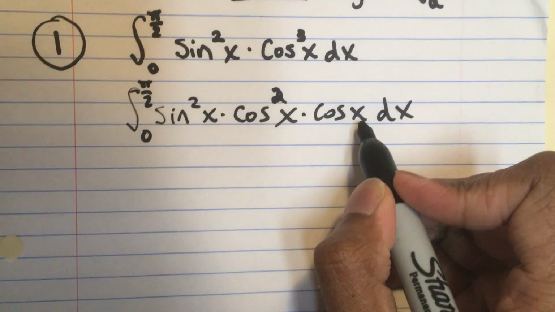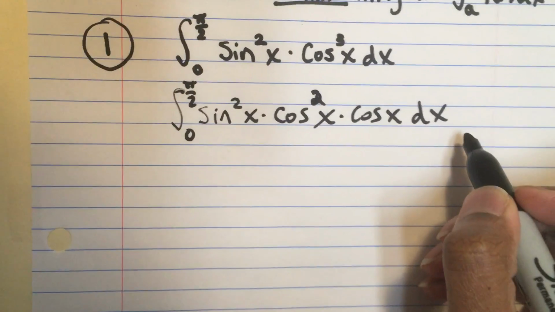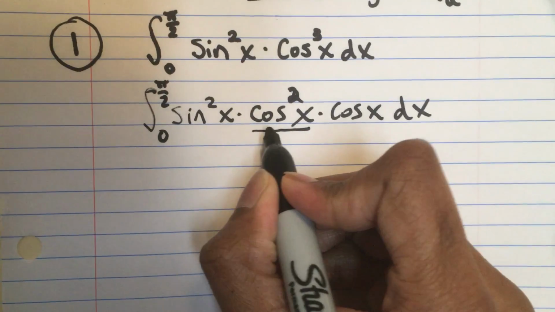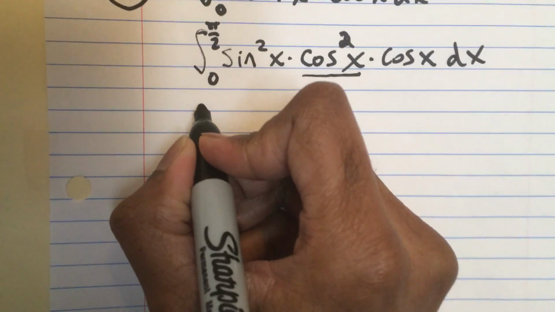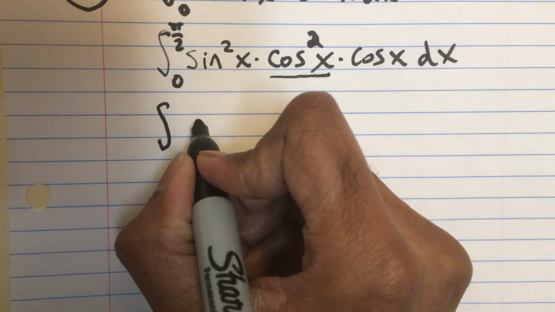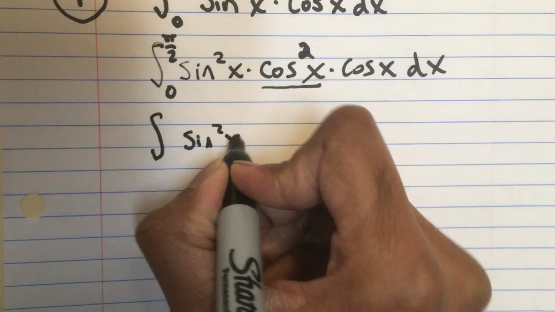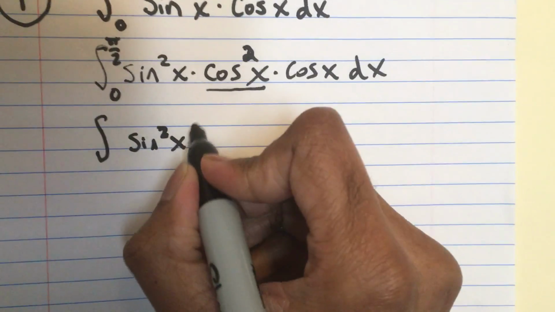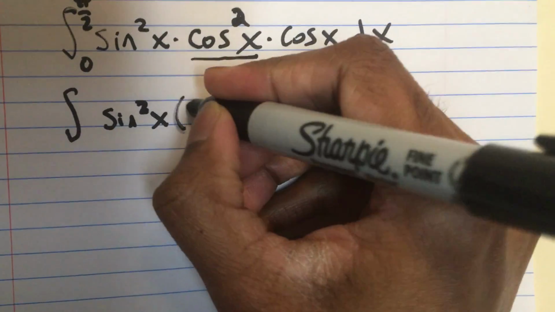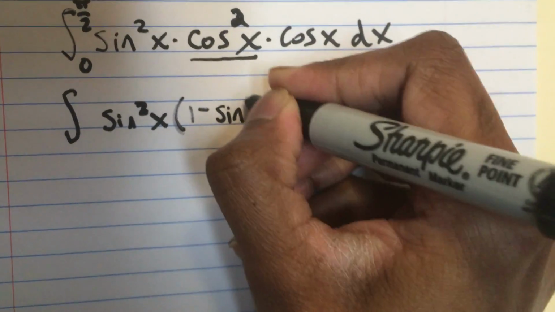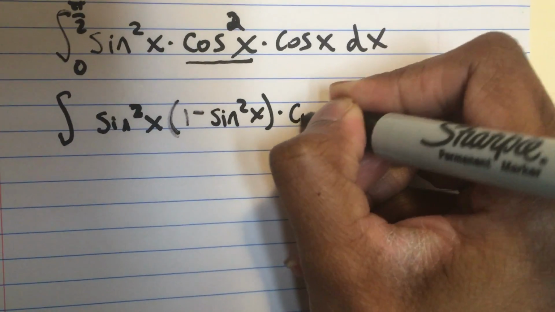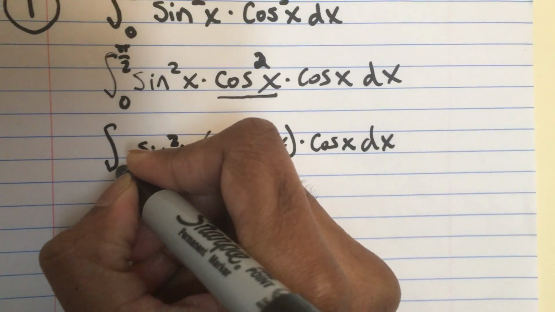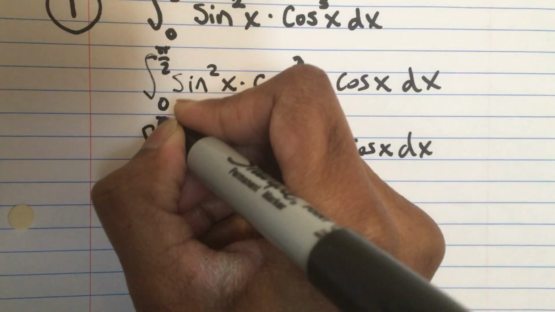Because I have this cosine x dx, I am going to rewrite the cosine squared x. So what I'm going to have is the integral of sine squared x times 1 minus sine squared x times cosine x dx from 0 to pi halves.